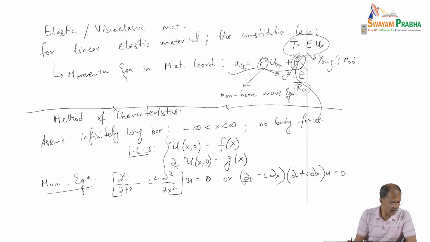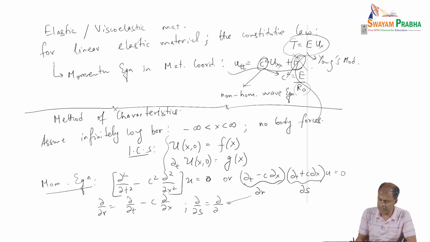And then we can choose the first factor derivative to be partial r and the second factor to be partial s. So partial r is partial t minus c times partial x, and similarly partial s is partial t plus c times partial x.